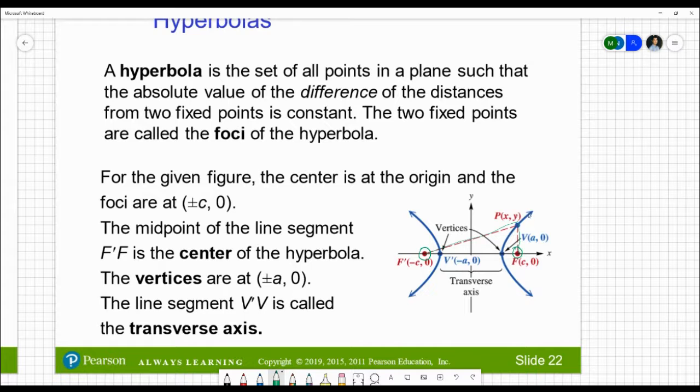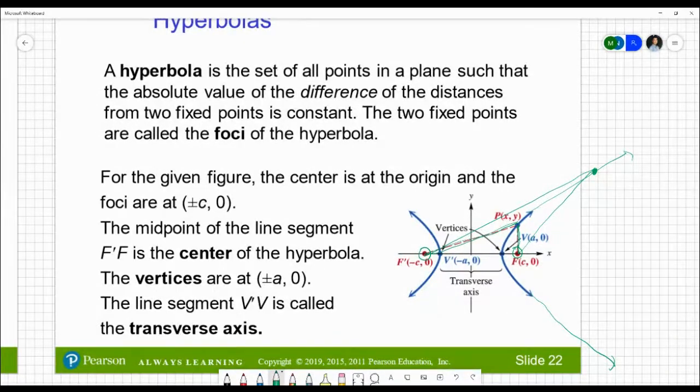So if I pick this point right here, that means the distance from here to here, subtract the distance from here to here, is the same value as the distance from here to here, subtract from here to here. It's always going to be the same.